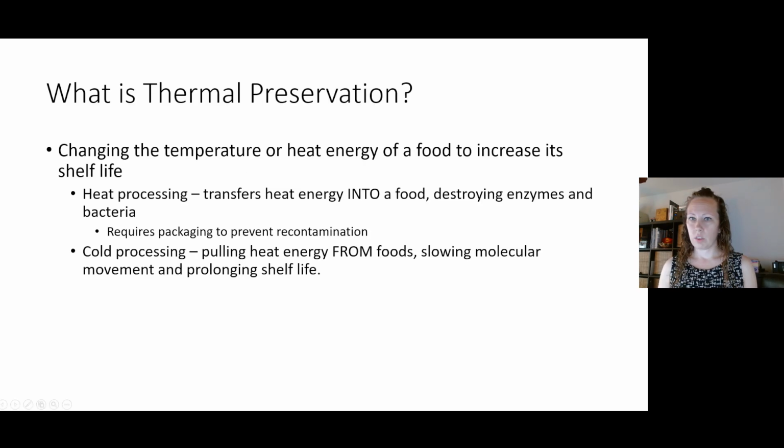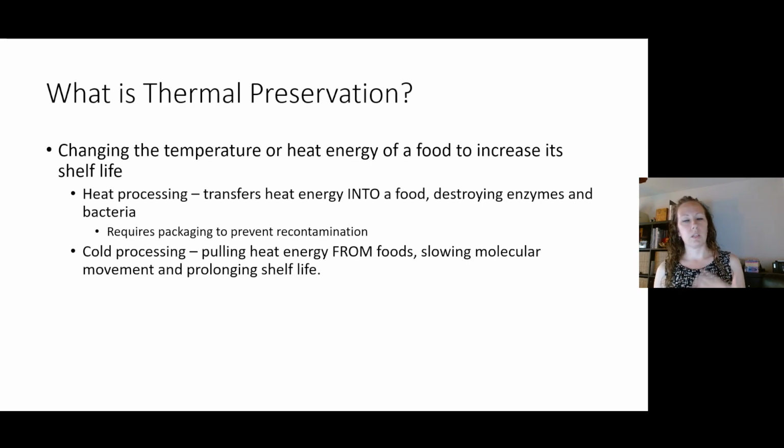Thermal preservation is the changing of the temperature or the heat energy of a food to increase its shelf life. There are 2 forms of thermal preservation because this is just changing of temperature, right? So it can be both heating or cooling.